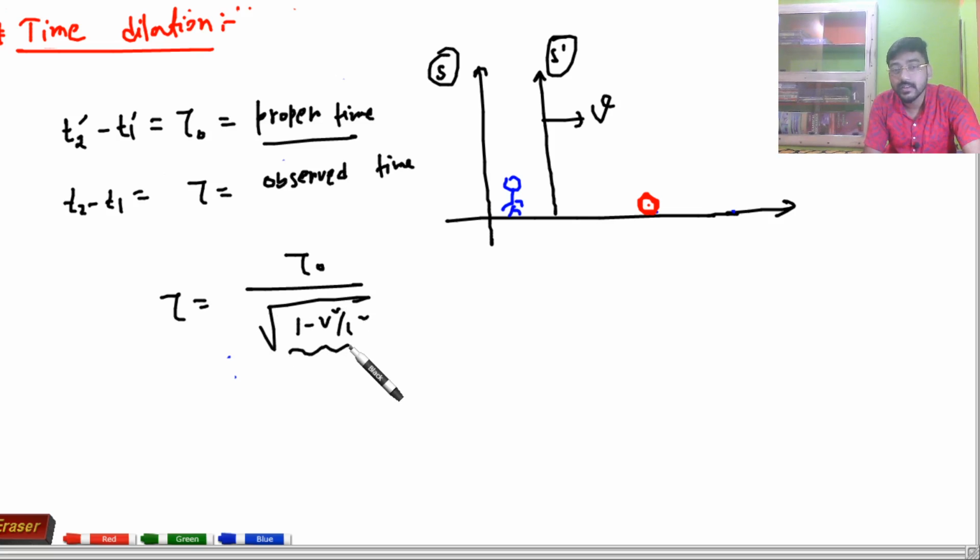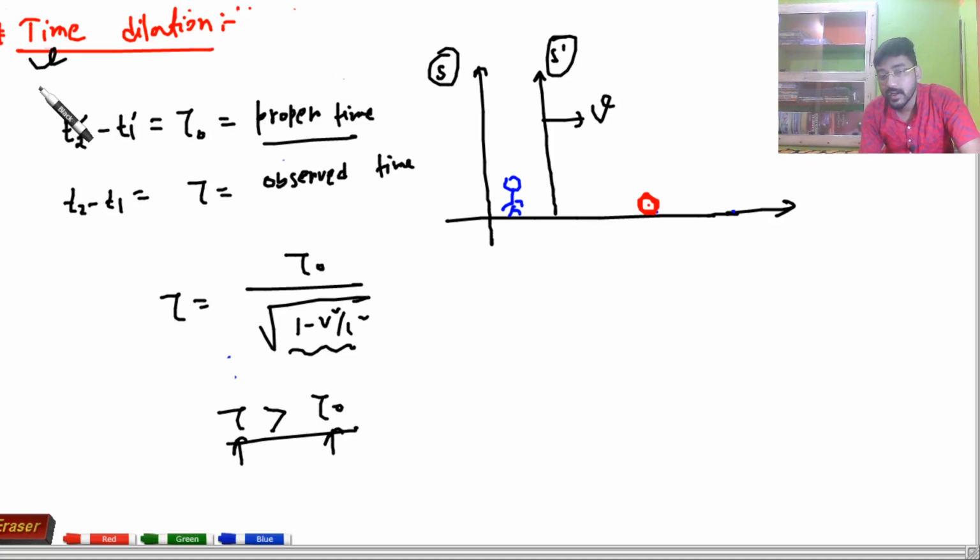You know that this is less than 1, so tau is obviously greater than tau naught. So the observed time is more than the actual time, the time is dilated, and that's why the phenomenon is called time dilation.